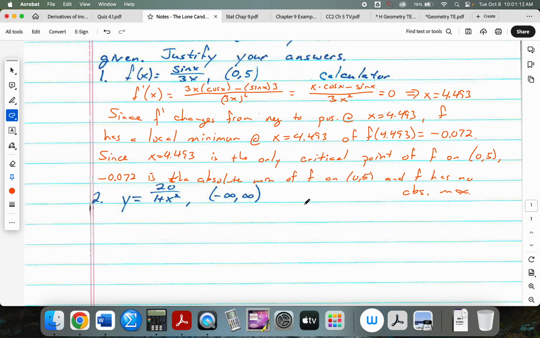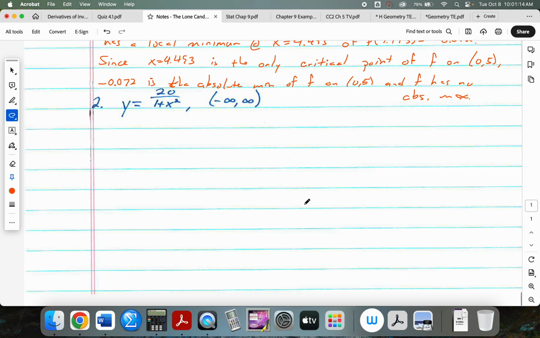For this next one, we have an open interval of all x values, right, all real numbers. This one didn't say calculator. Let's try it without it and see what we can do. So I would rewrite this as y is equal to 20 times 1 plus x squared to the negative 1 and do the chain rule.